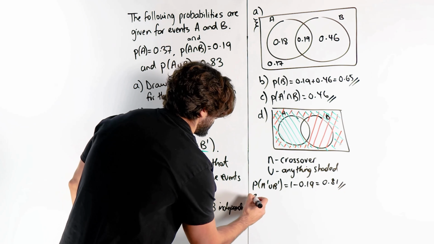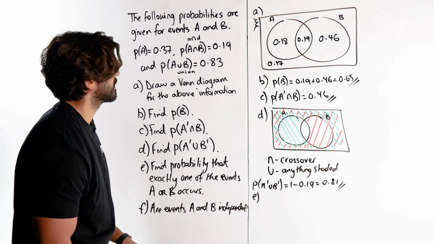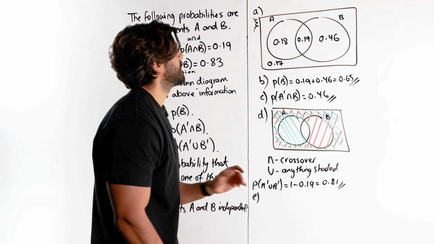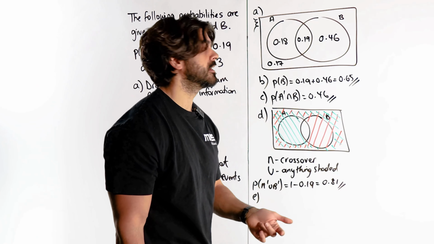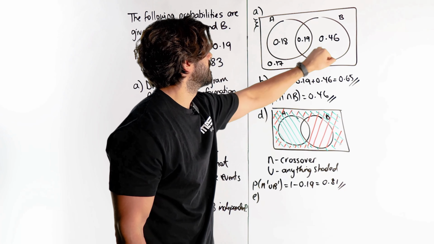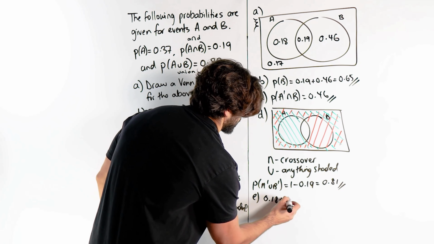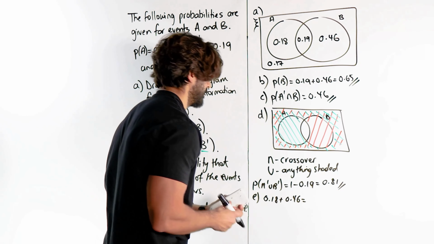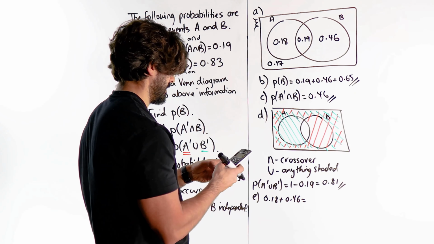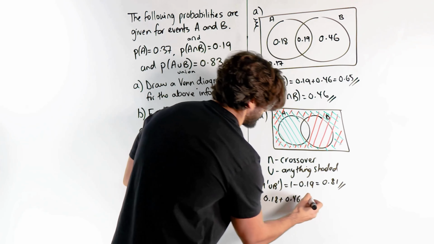Part E. Find the probability that exactly one of the events A or B occurs. Exactly one. So basically they want A or B to occur, but only one of them, meaning we can't have the intersection. So that's going to be 0.18 plus 0.46, which is 0.64.